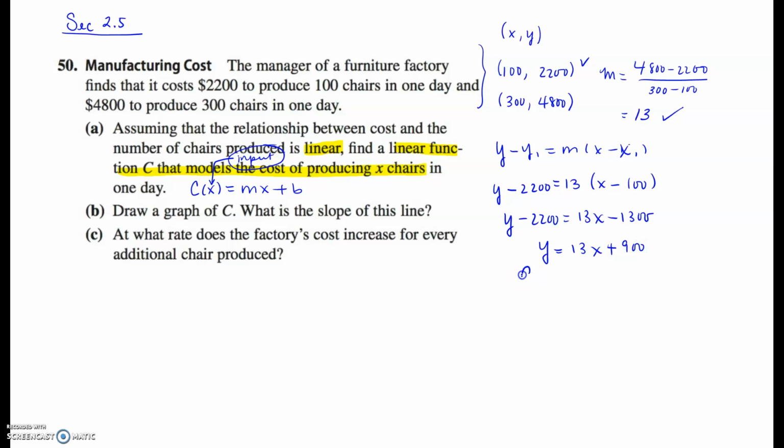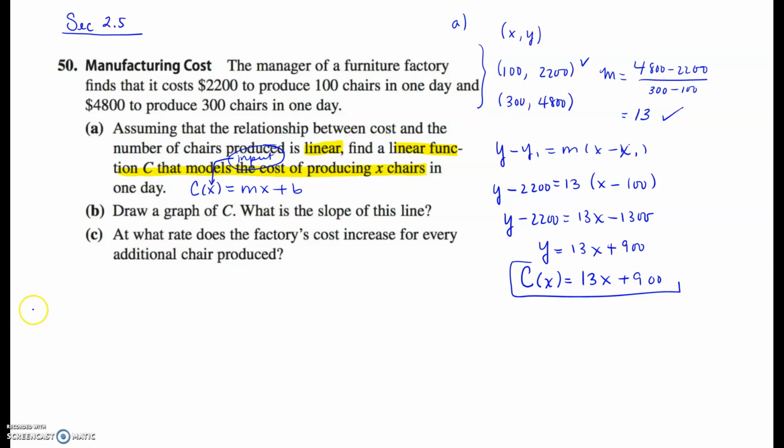Now for our function notation, this is the cost for each chair. So all I'm going to do is just trade this over to function notation, which is what they wanted. Okay, so that's part A.